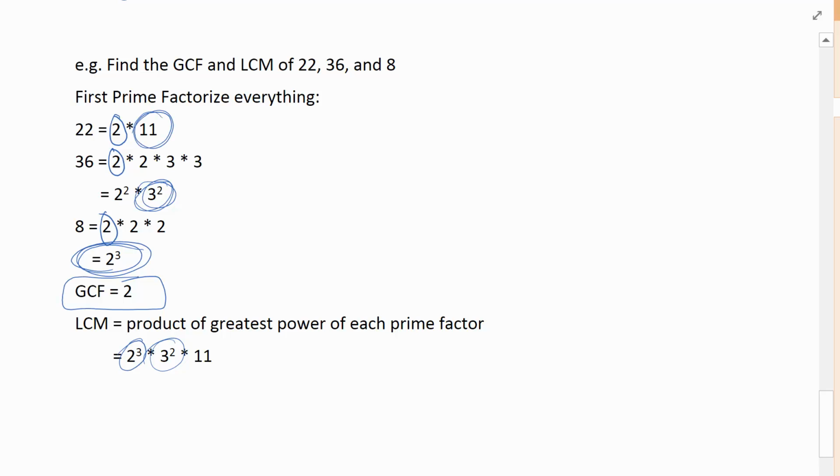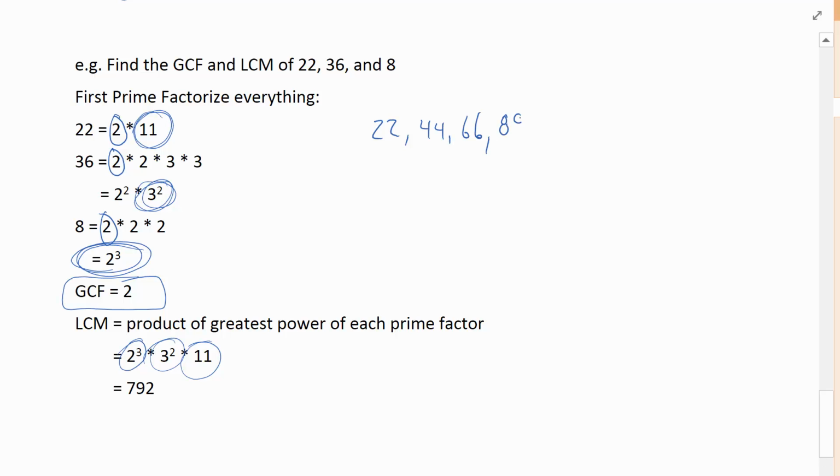It's just to the power of 1, so we'll just use a single 11. And then multiplying 2 cubed times 3 squared times 11, or in other words, 8 times 9 times 11, gives us 792.